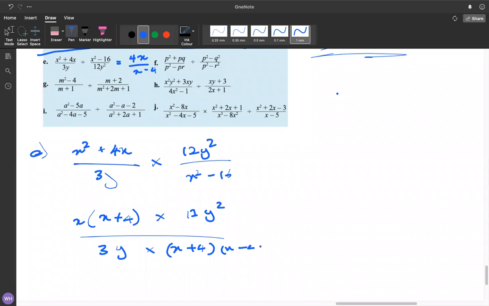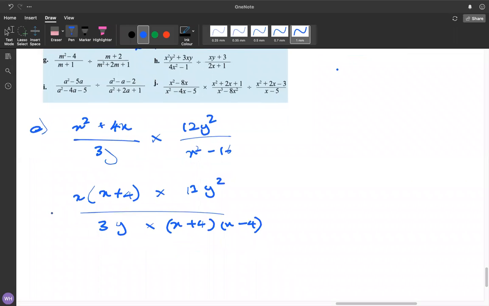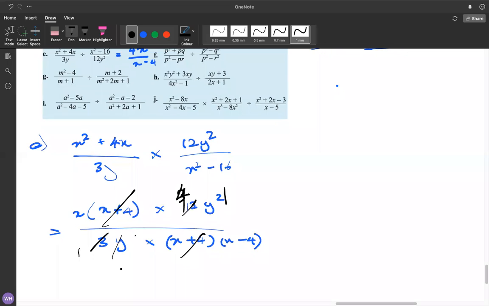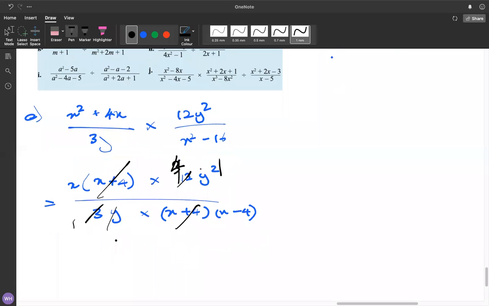Now simplify the like terms. This to this gets simplified, and y to y, and here you can divide, and here you have 3, sorry 4. Chamat, is your answer correct? Yes. So finally the answer will be 4x upon x minus 4.